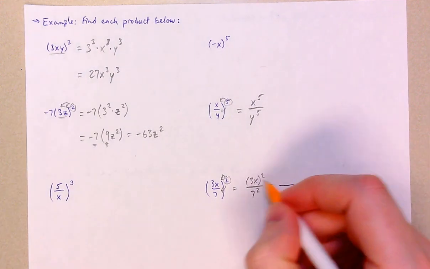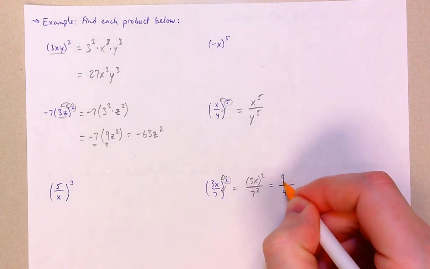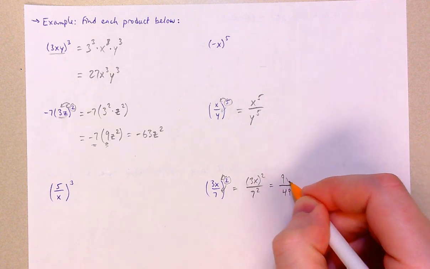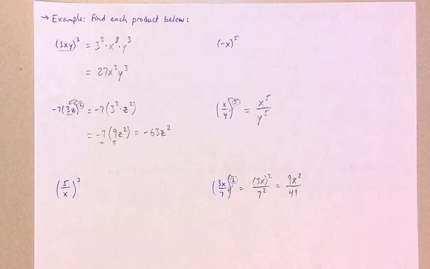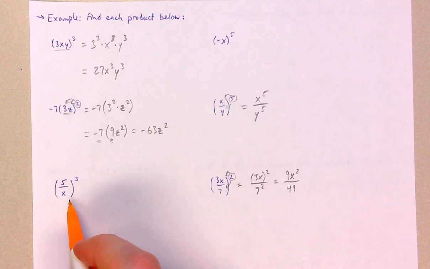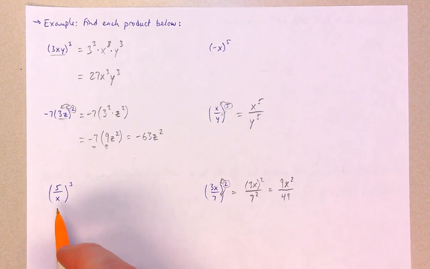So this is going to give me 3 squared, which is 9, times x squared. And there we have it: 9 times x squared divided by 49. So try this guy on your own, and we'll go through it in class.